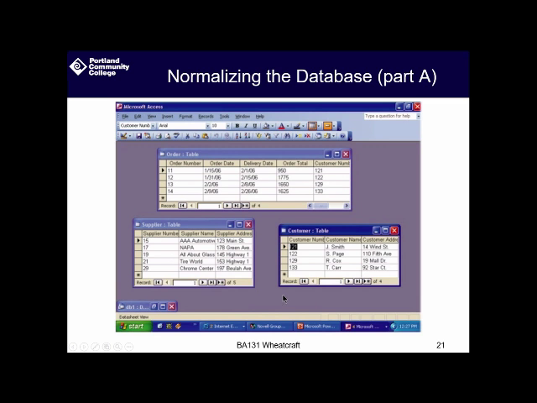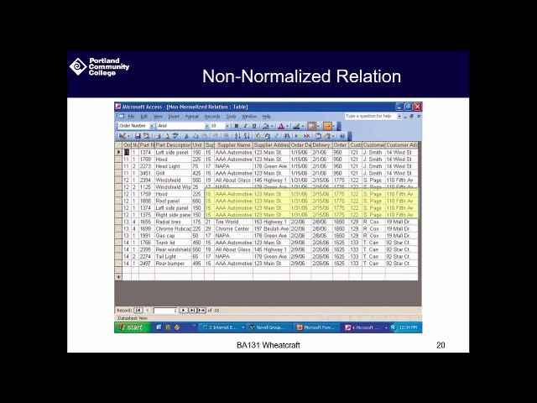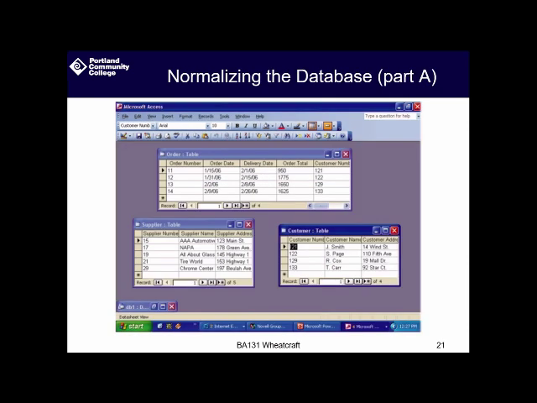So instead, what we do is we break this up, that first one. So we go back to here, instead of having just one screen, one what's called table, we're going to split it up into 3 tables. And so now we have customer 121 placed an order on January 15th, 2006.